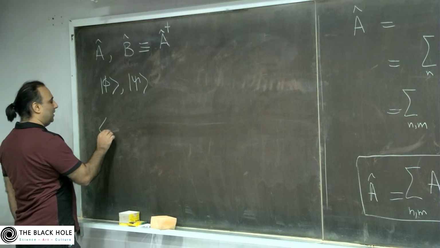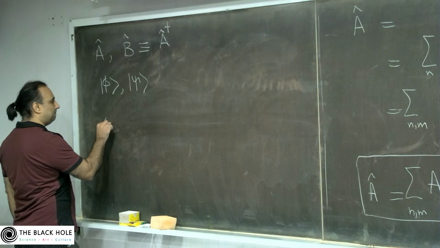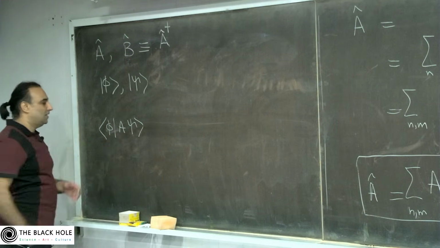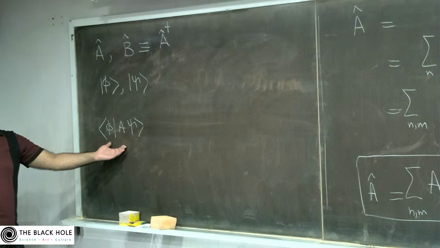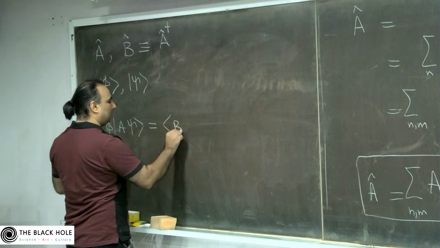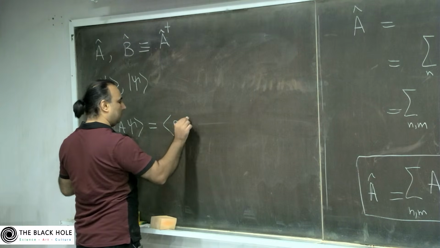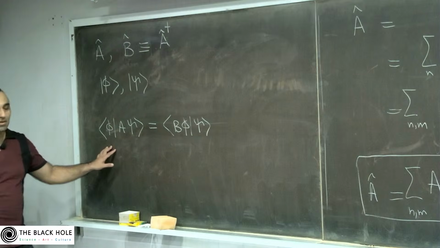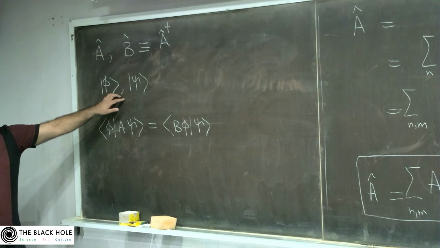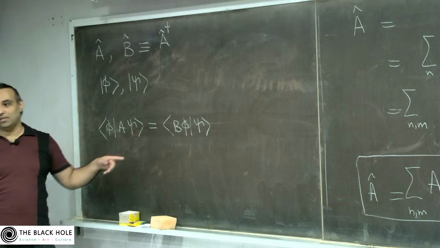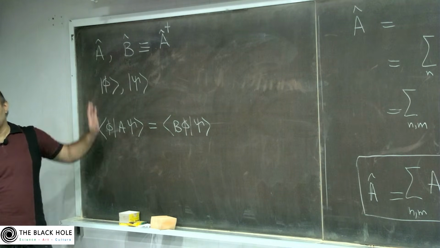What we can do is, if this number is equal to this number for any arbitrary vectors in the Hilbert space, then this B is by definition the adjoint of A.